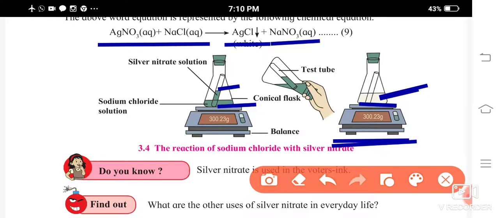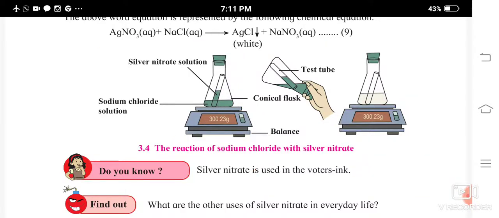In this clip I am not showing you that the weight is maintained in both the cases. That will not be shown to you in this clip, but I just want to show you the silver chloride precipitate which has been formed.